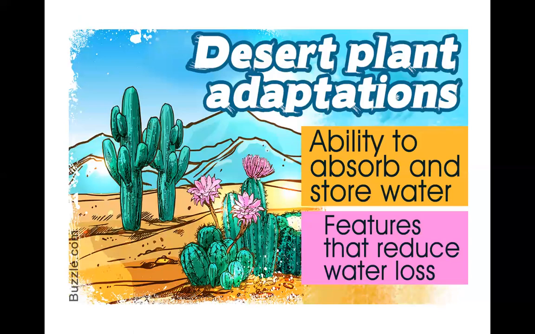Next are the plants that grow in deserts. Acacia and cactus are mostly found in deserts. Desert plants have small leaves. Most of the plants lose water through the stomata in the leaves.